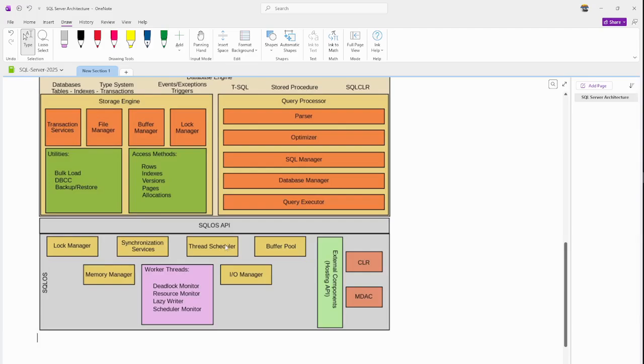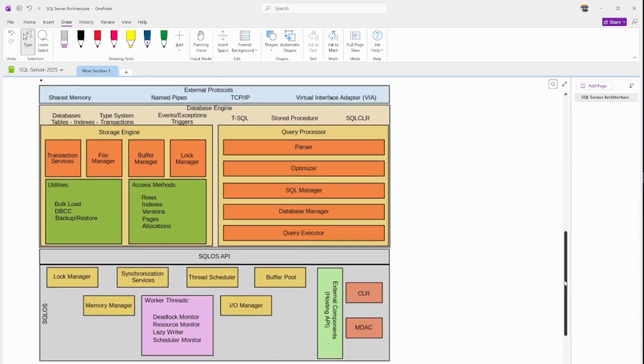Instead of relying on the Windows scheduler, it has its own thread scheduler, its own user mode scheduler, which we will call UMS. It maps the tasks to worker threads efficiently to avoid context switching overhead.